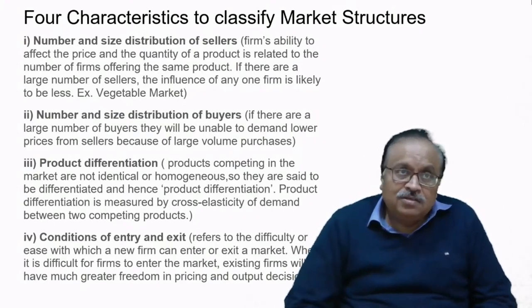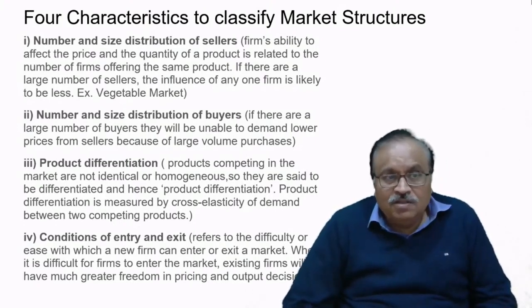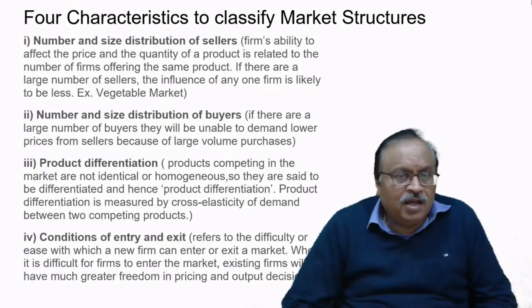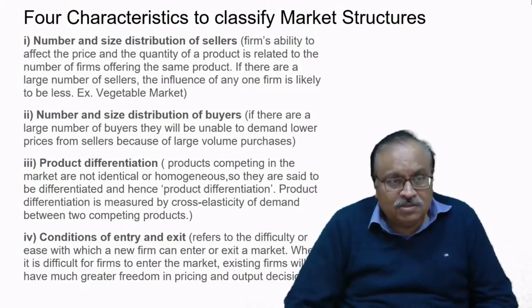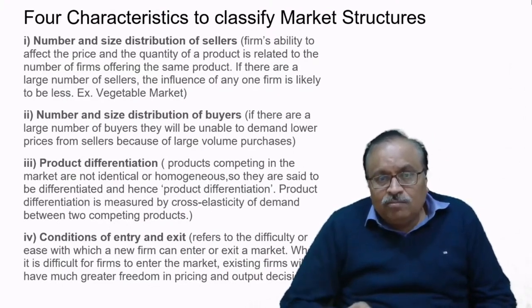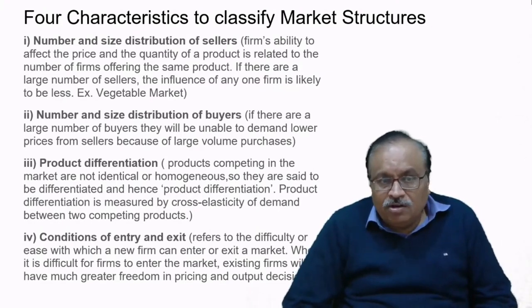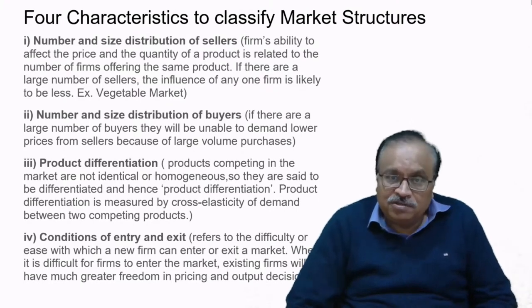In the same way, the second is the number and size distribution of buyers. If there are a large number of buyers, they will be unable to demand lower prices from sellers because of large volume purchases. The third is product differentiation. What does that mean? Products competing in the market are not identical or homogeneous, so they are said to be differentiated, and hence product differentiation.